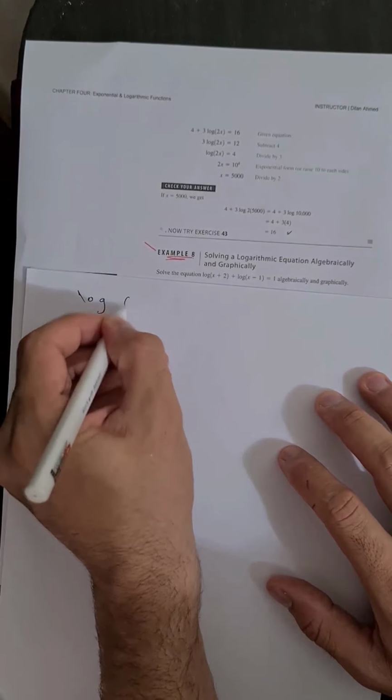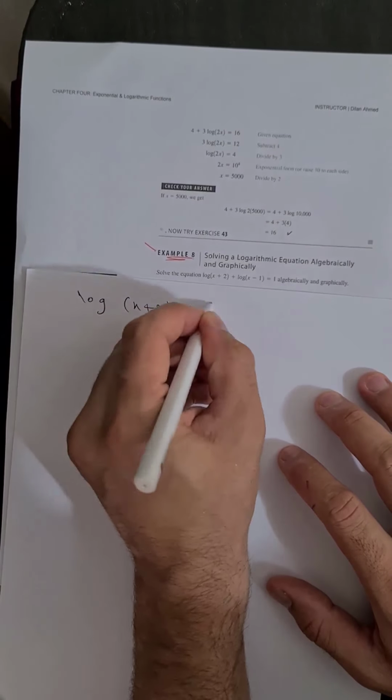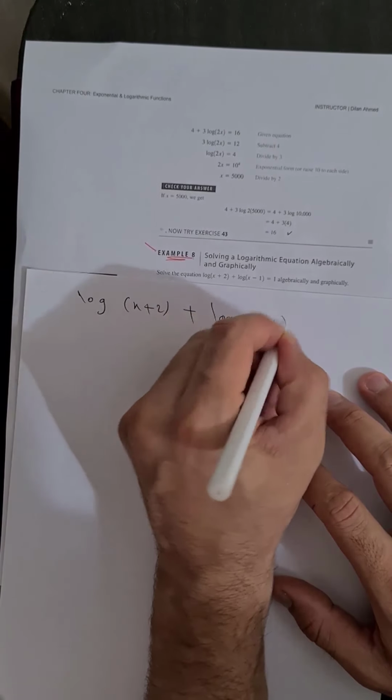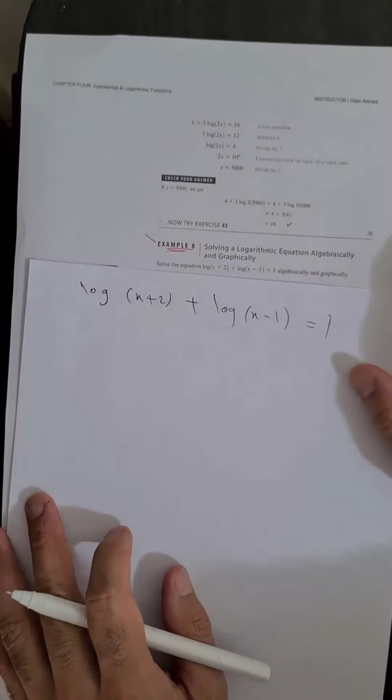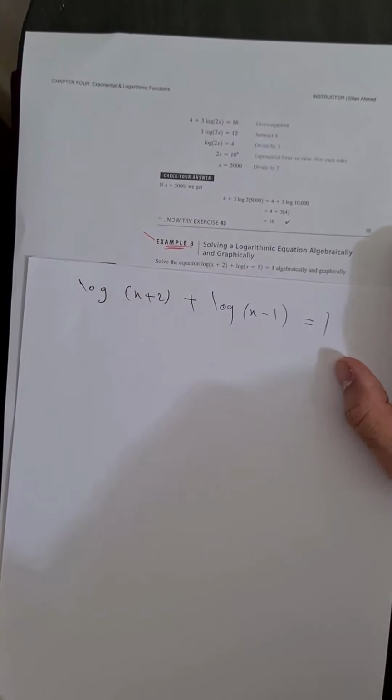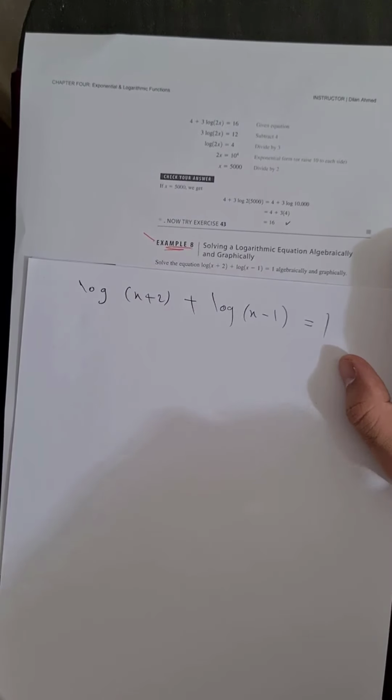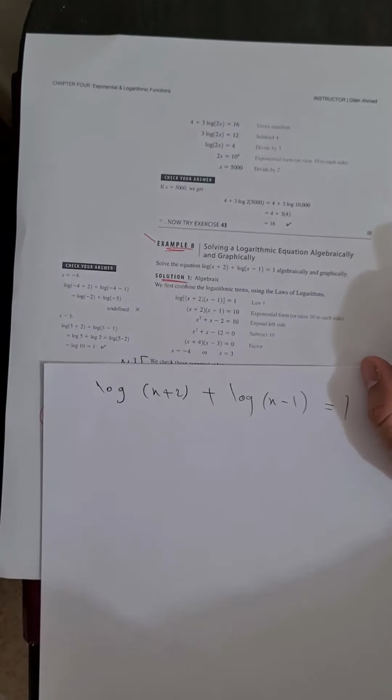I have log of x plus 2 plus log of x minus 1 is equal to 1. Do not forget to follow the guidelines before you solve this one. You see that we isolate a log on one side and leave the other part on the other side.